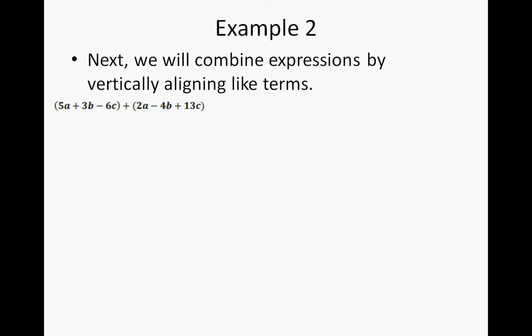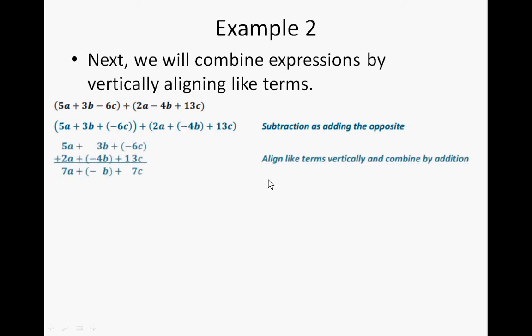All right, let's take a look at example 2. We will combine expressions by vertically aligning like terms. So here's another way of combining like terms, doing it vertically. First, we start with addition as adding the opposite. Again, turning our subtraction to adding the opposite, so we have plus a negative 6c and plus a negative 4b. Now we can line up terms vertically like we do in addition problems.